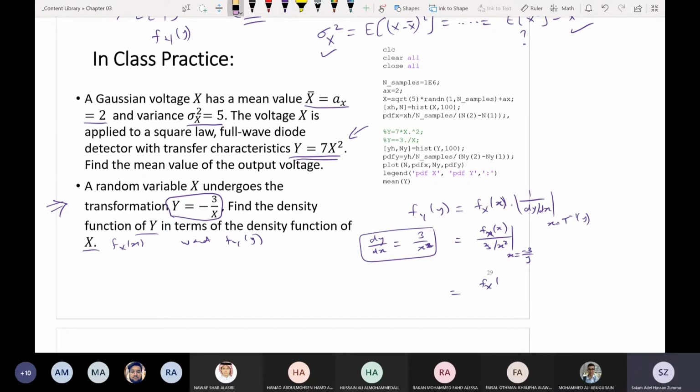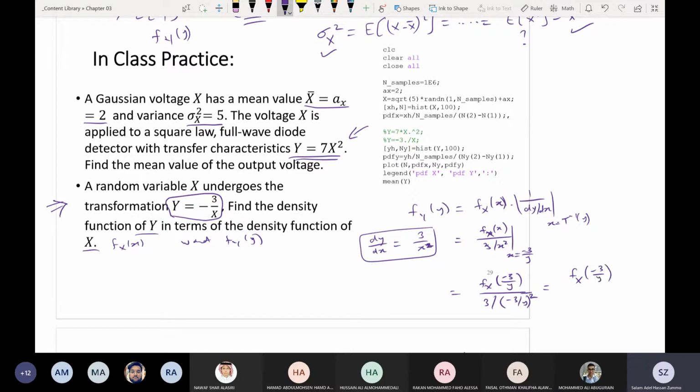Let's put it together, divided by 3 over x squared, where x equals minus 3 over y. So it will be 3 over minus 3 over y, all squared.